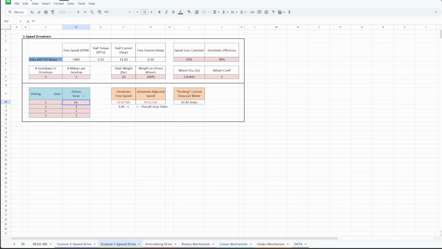And even here, we could add some gears or pulleys to further increase our gear ratio. But for now, keeping it simple, I'm just going to add that 19.2, and we see that our pushing current draw per motor is 2.91, really small, still under that stall current, and we move relatively quickly with 3.8 feet per second.